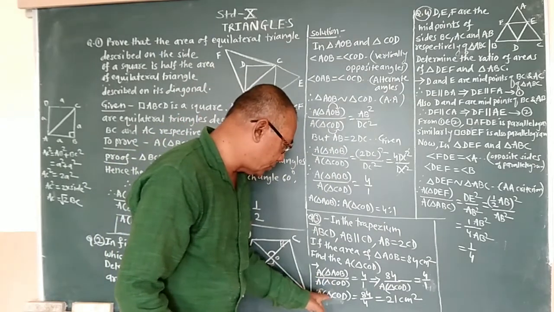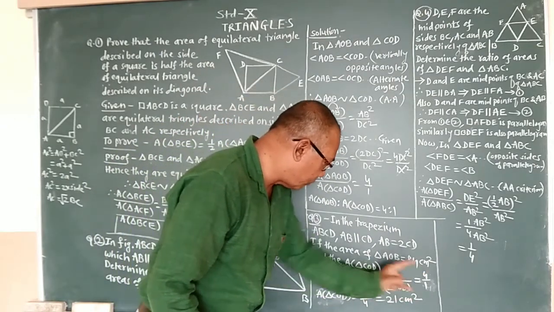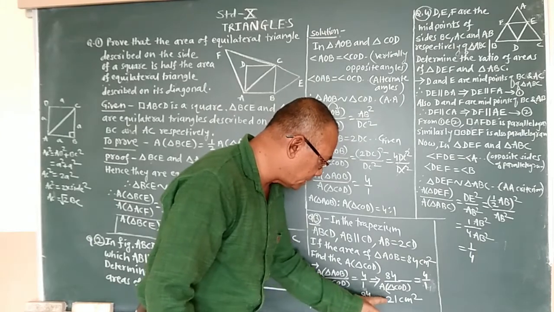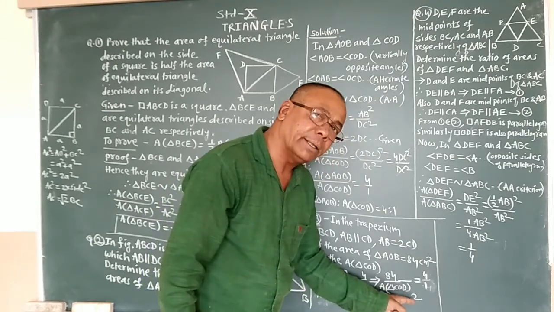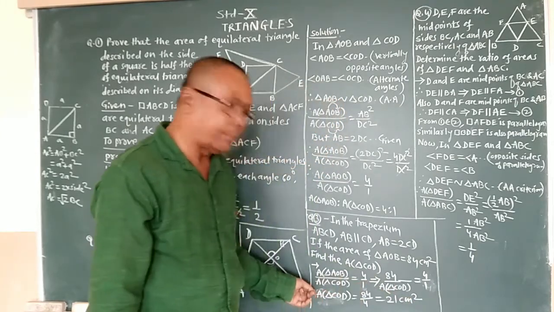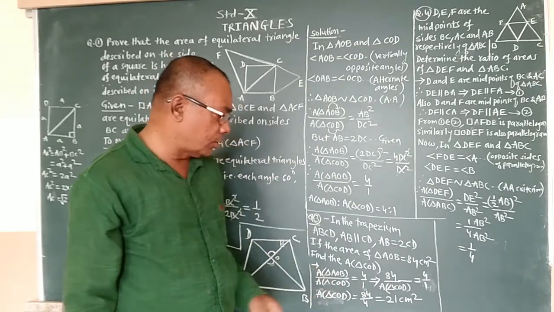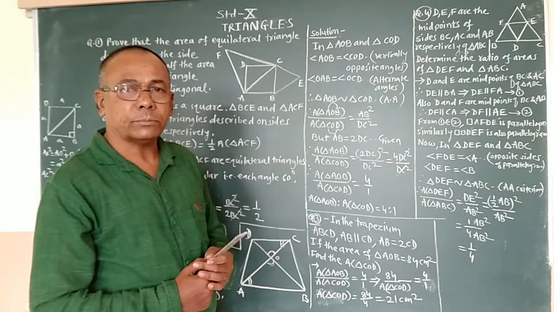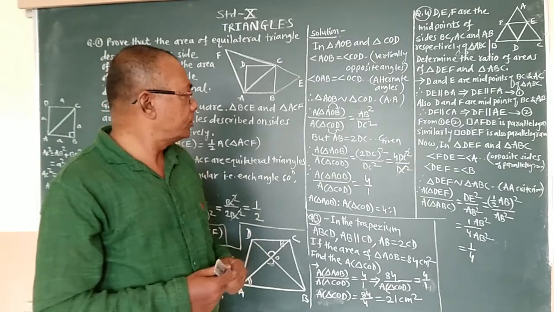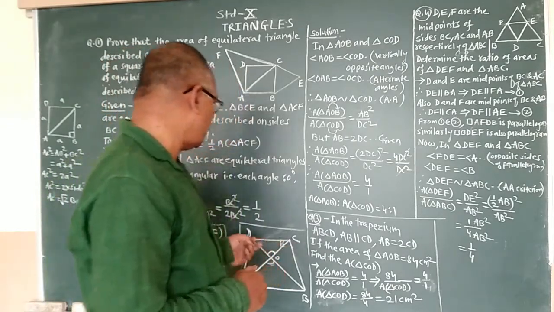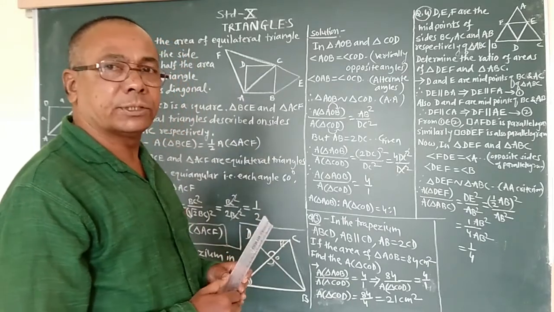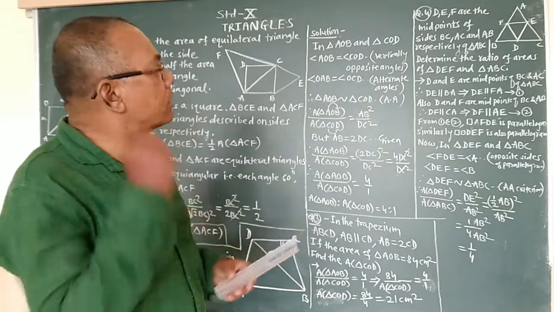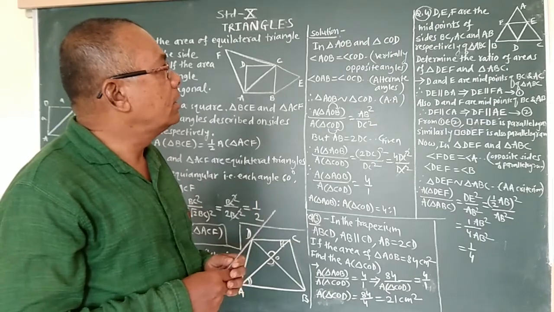Means area of triangle COD is equal to 84 upon 4, which is 21 centimeter square. So area of triangle COD equal to 21 centimeter square. In this way we have seen 3 examples, and now there is one more example we have to solve.